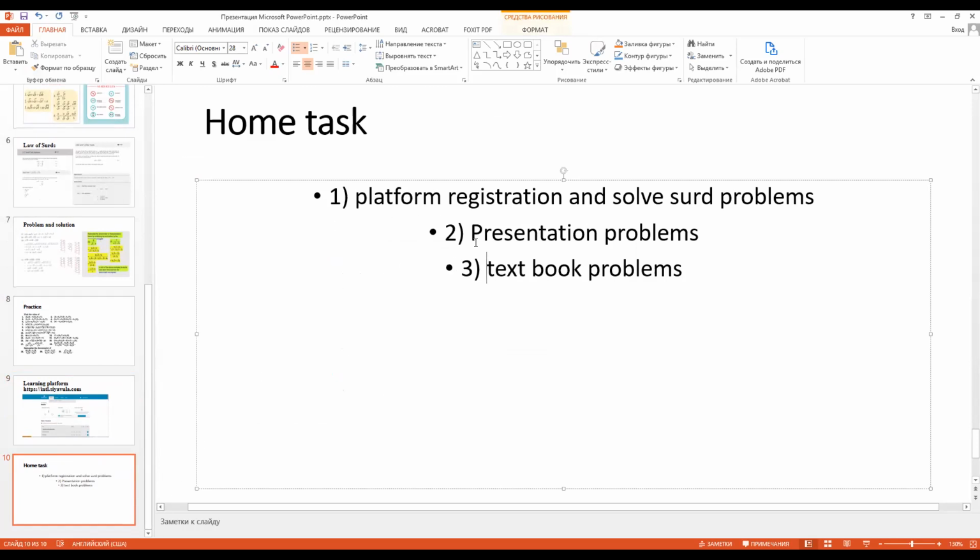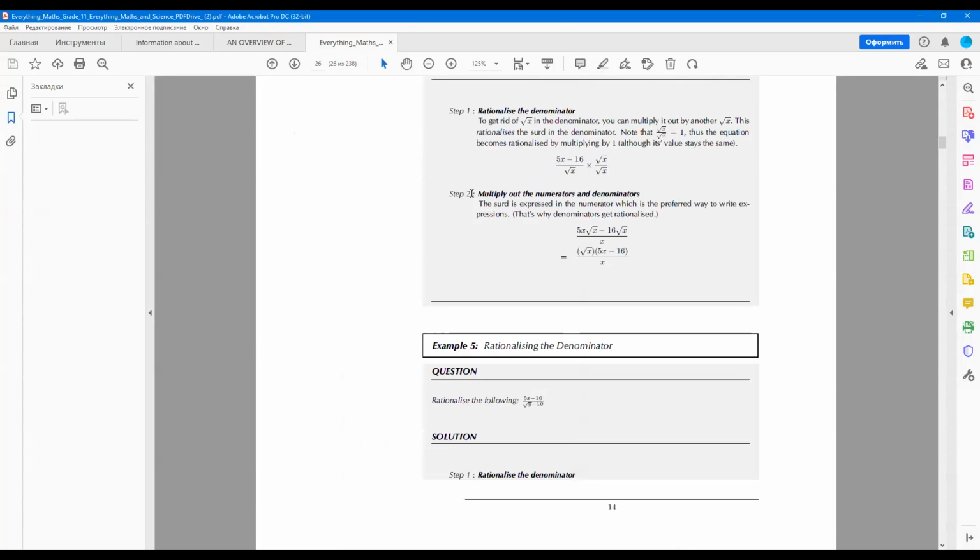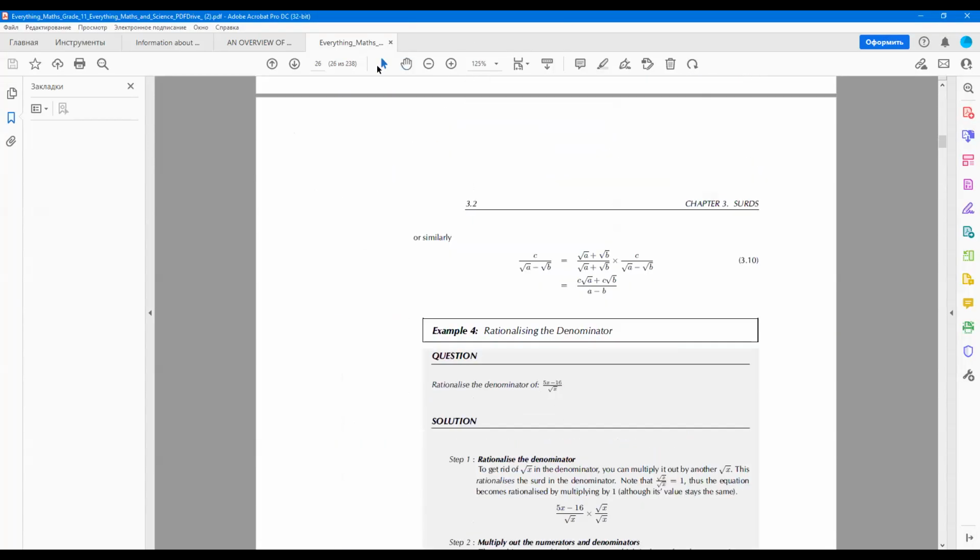At the end of the book, you have a set of problems. I will send it to you. I've already sent it to you, by the way, but I will resend it, okay? If you don't find it.